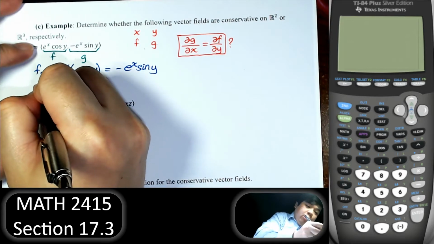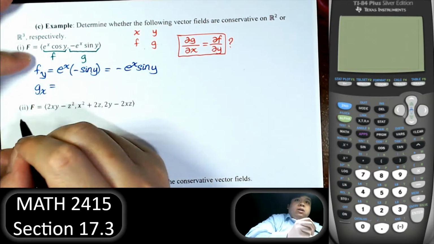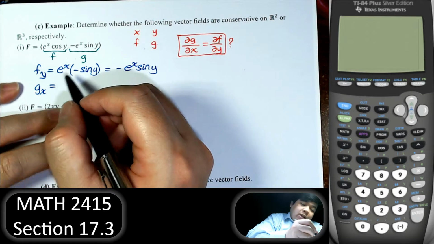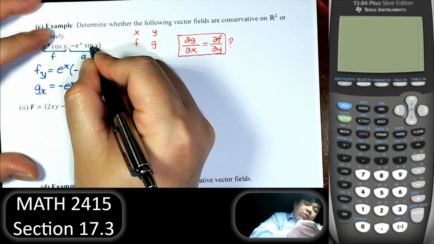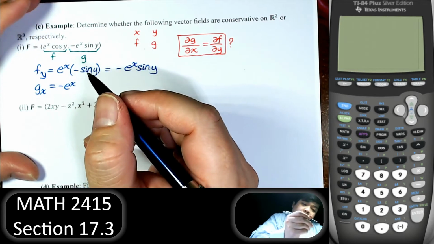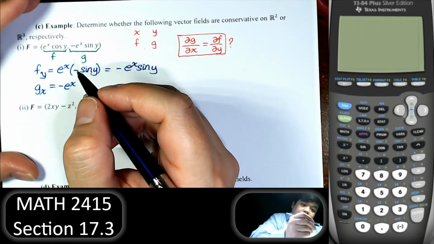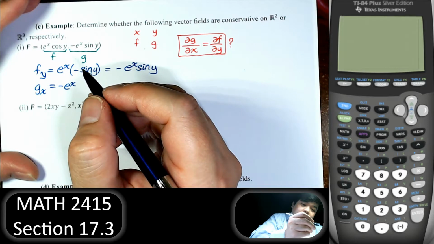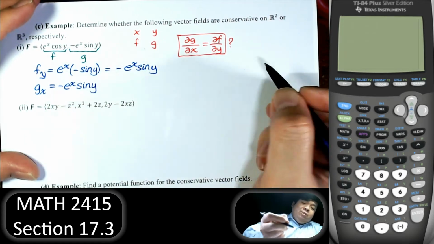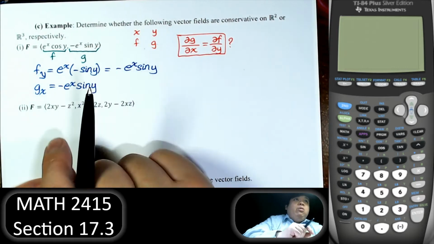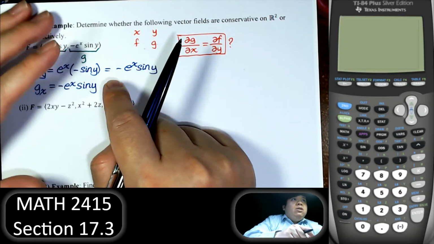Now the derivative of g with respect to x: y is a constant, so sine y is a constant, and we just take the derivative with respect to x, giving negative e to the x sine y. Now those two are equal.